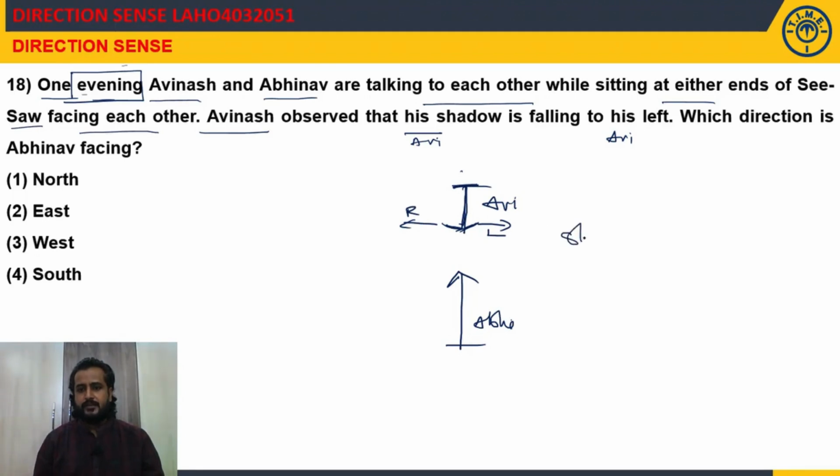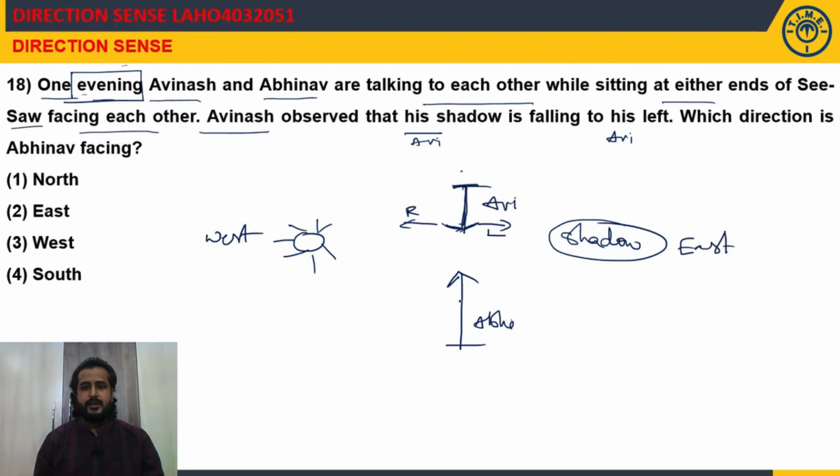Avinash's left side is Avinash's shadow. So here is the shadow. So opposite the shadow is the sun. Clear? Okay. Now it is evening. So in the evening the sun will be in the west. So the shadow will be in the east. That's it. From the east 90 degrees clockwise, south. South opposite, north.